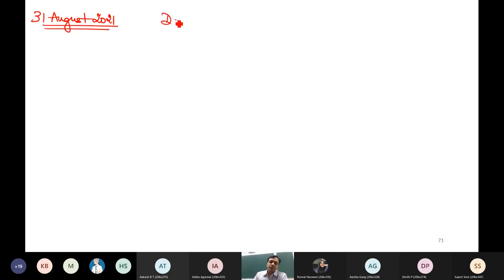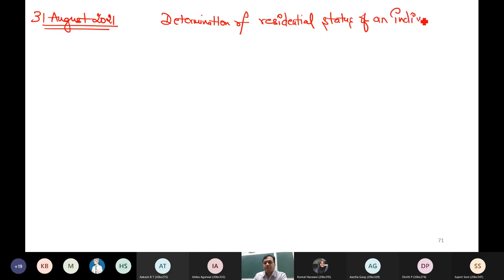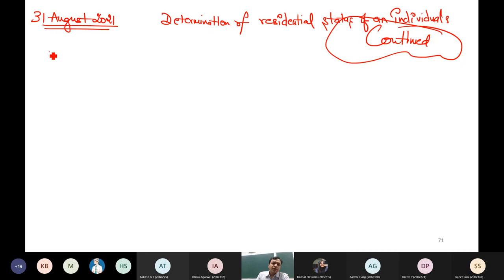So the topic which is being continued now is determination of residential status of an individual. We have covered basic conditions, basic 1 as well as basic 2.